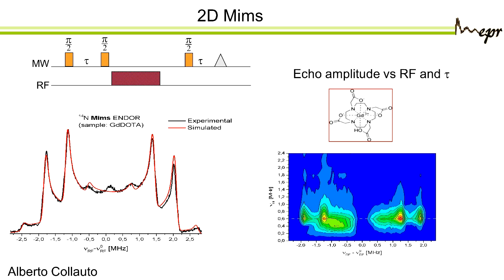On the horizontal axis, this is the RF frequency minus the Larmor frequency of the nitrogen. On the perpendicular axis, he measured it as a function of tau and Fourier transformed. So now the perpendicular axis gives you the hyperfine coupling.